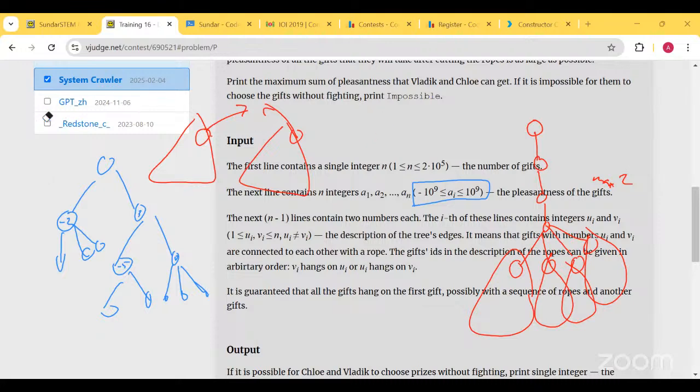Just use DFS since the graph is given in this way, not using a parent list but an edge list.